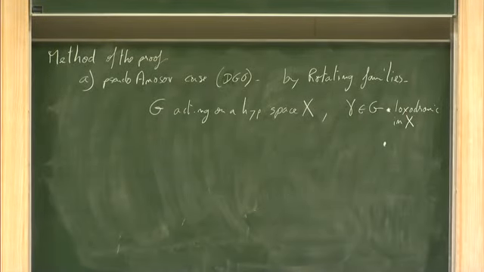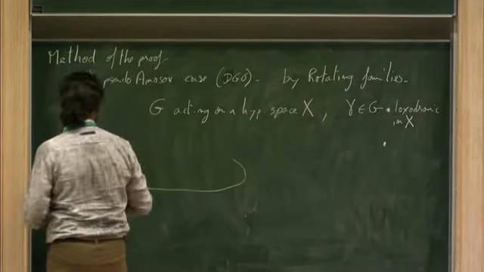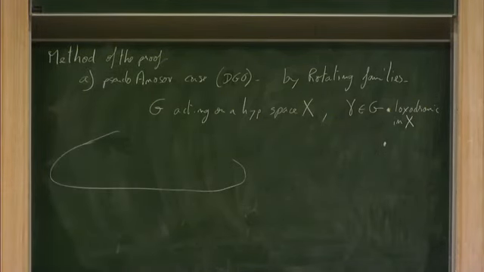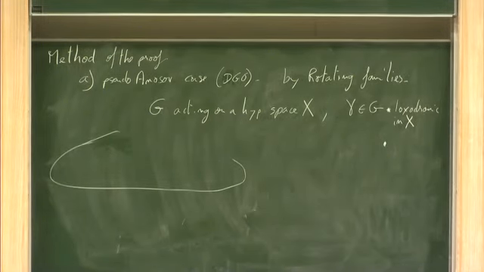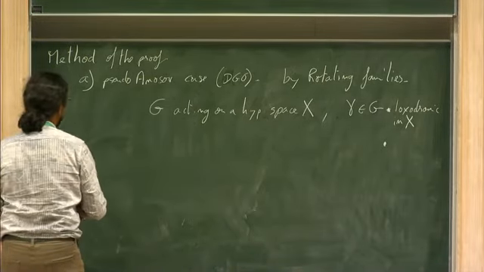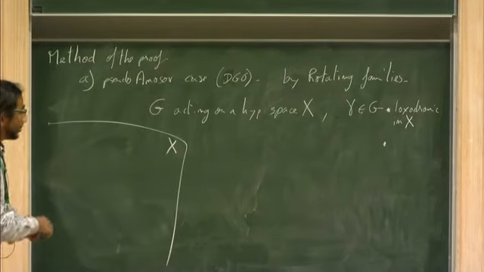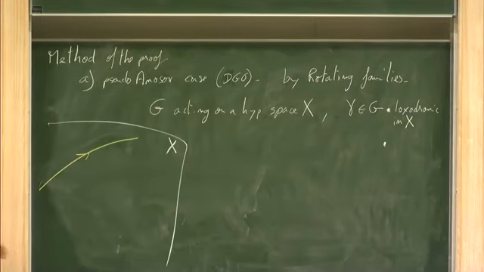What does it say? Why do I draw a hyperbolic space? I will only draw what is interesting. So in X, being loxodromic means you have a translation axis.